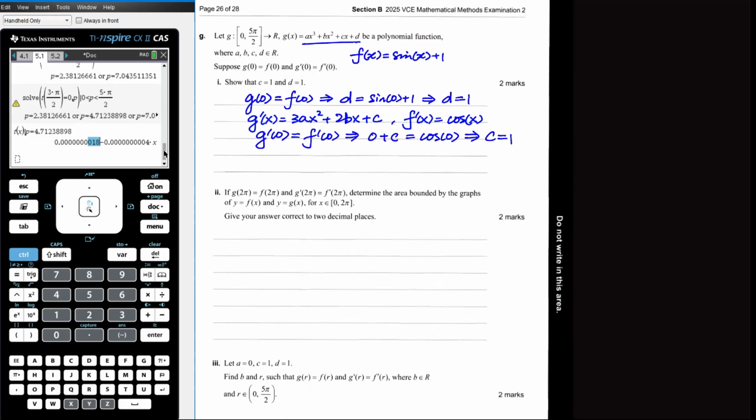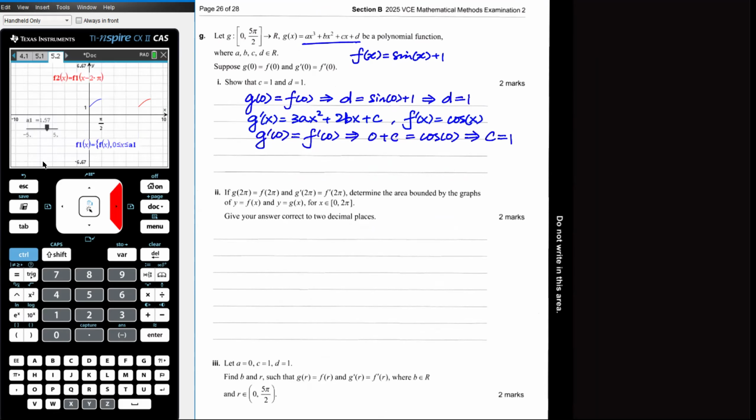And then because c and d are 1s, you can just define, for example, g of x is assigned to a times x to the power 3 plus b times x squared plus x plus 1. And you can use, let's say, dg of x is assigned to derivative x g of x.